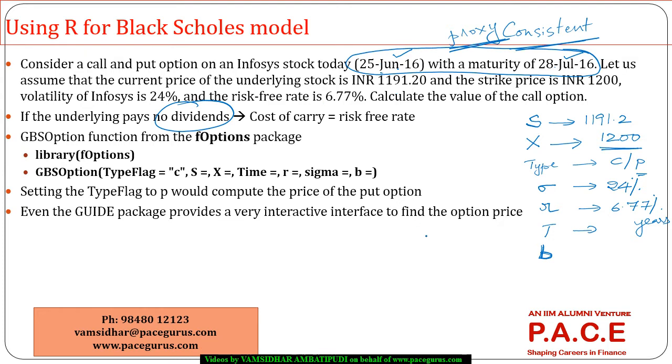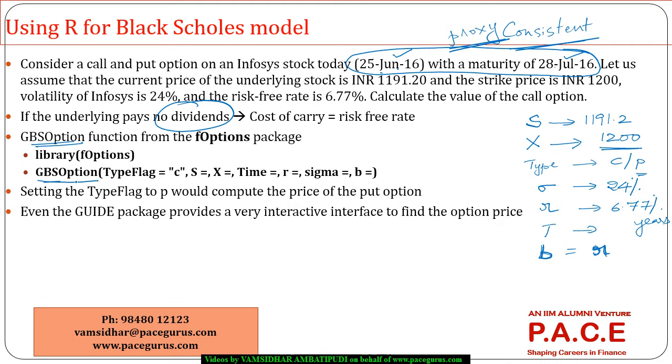If there are no dividends, you can take it the same as the risk-free rate of return, as the Black-Scholes model anyhow assumes that there are no dividends. So in the Black-Scholes model, b is always the same as the risk-free rate of return itself. Once you have this data, finding the Black-Scholes option price is straightforward.